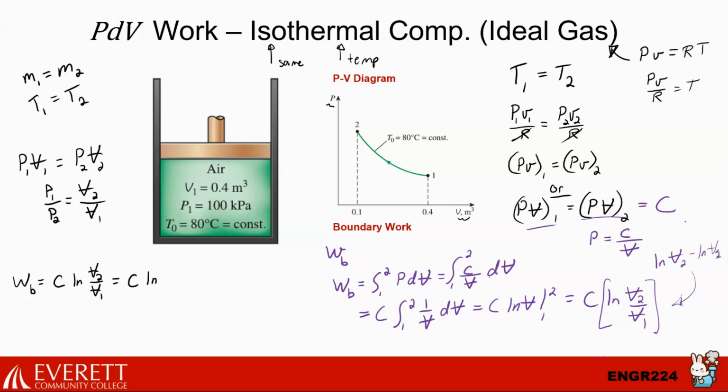Just remember that the pressures are the opposite orientation as the volumes. So that's totally valid. And the C, you can choose your own adventure here. Your C can either be the combination of pressure and volume from state 1 or the pressure and volume from state 2. You need both in order to find that C.